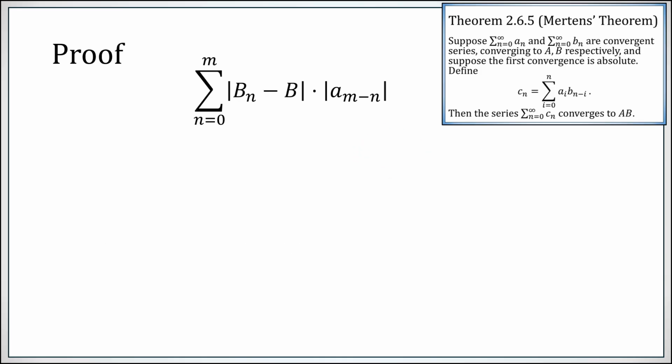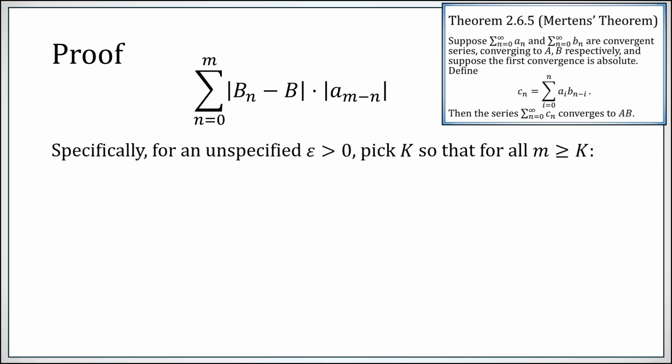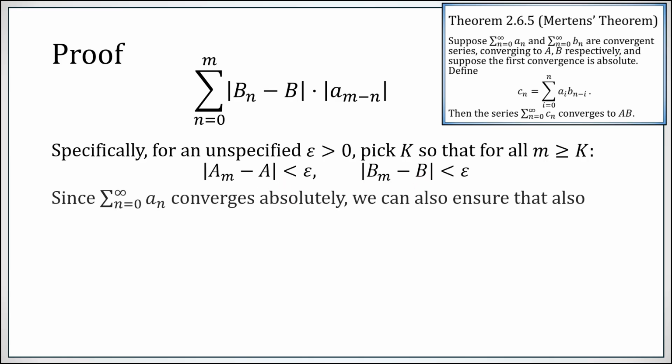So just looking at that first term, let's be a little more specific. Pick epsilon to be positive. We know that because the sum of the a's converges to capital A, and remember this is the partial sum of this converging series, and this is a partial sum of this converging series, I can make both of these less than epsilon if m is sufficiently big.